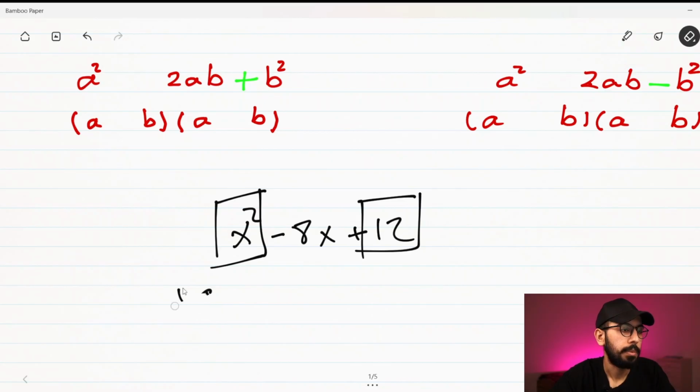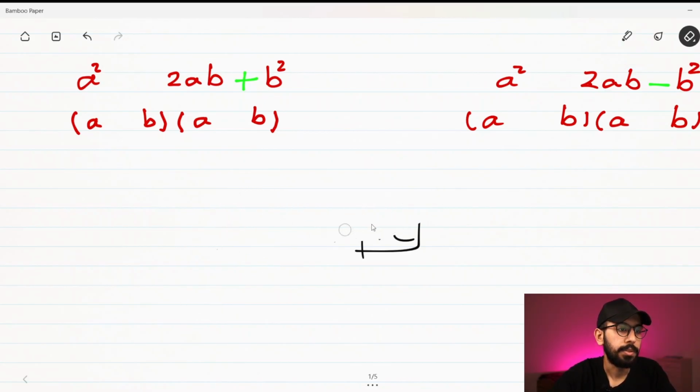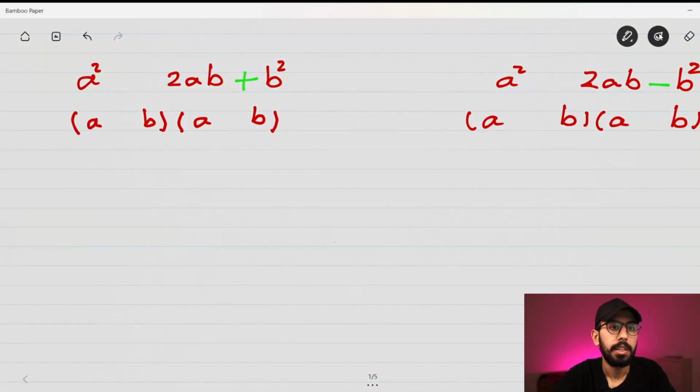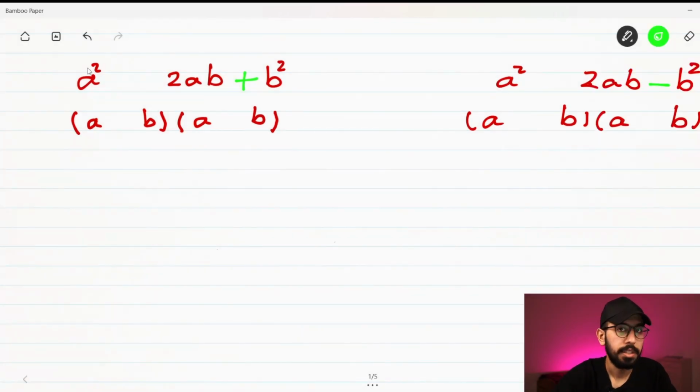So let's talk about some simple rules or tips that we need to consider before we start solving the equations. This equation is a quadratic equation. In this equation we have three terms. If the last term is positive and the second one is negative, that means the two brackets that we will open will both be minus.